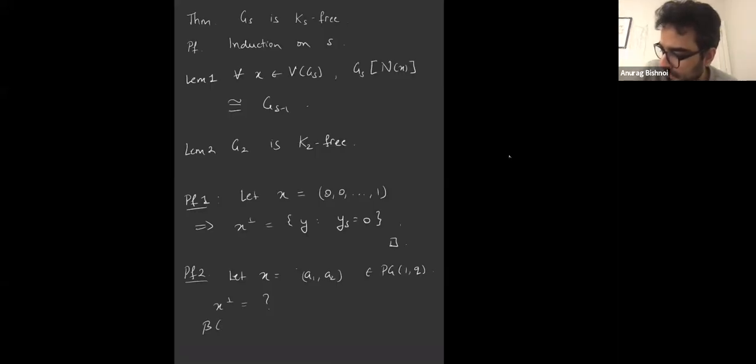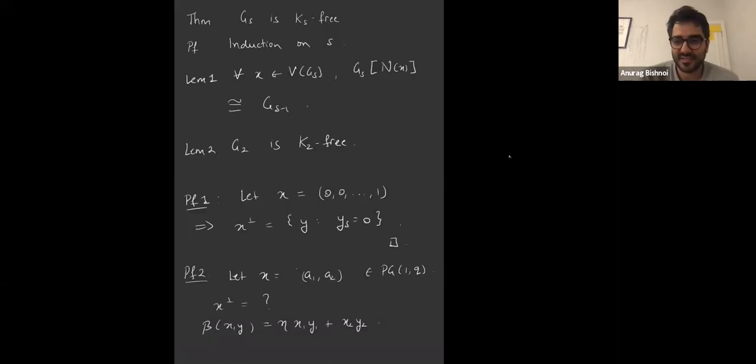Beta of (x1, x2), (y1, y2) is eta x1 y1 plus x2 y2. Anyone want to solve this?